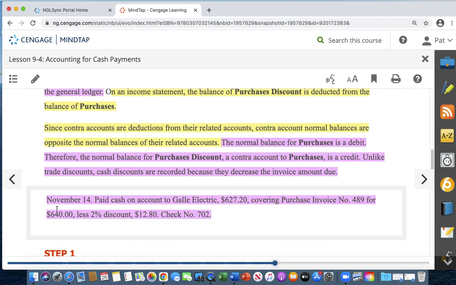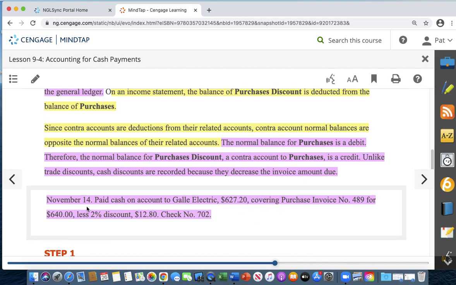Our bill was $640, but we took advantage of the 2% discount. So when you take 640 times 0.02, you get $12.80. Now, in mastery problems, it is possible that they won't give you one of these three numbers. They might not give you $627.20.